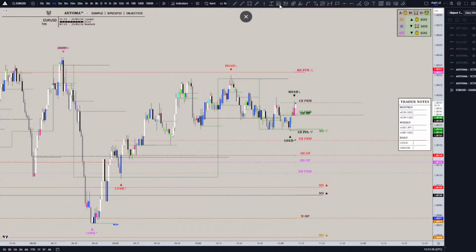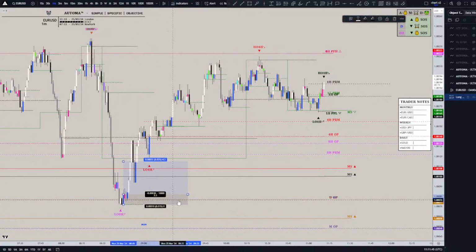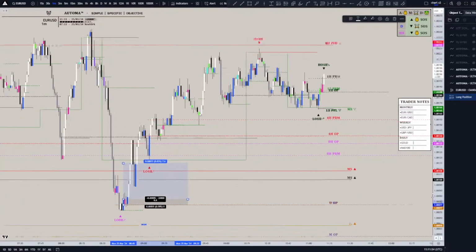So yeah, my entry on the arrow was right at this engulfment. My stop loss is 1 pip. Oh jeez, I'm really terrible on this thing.